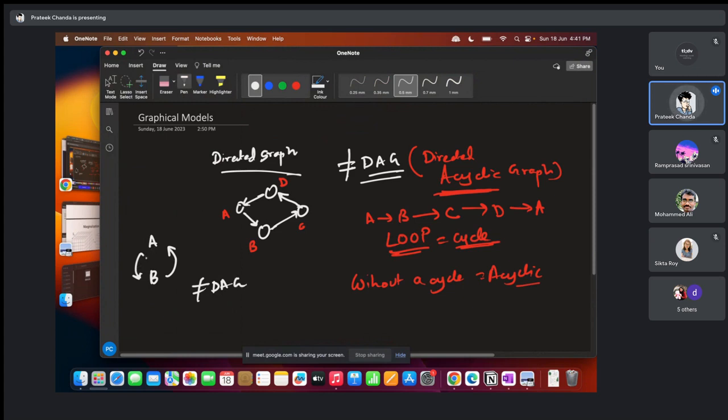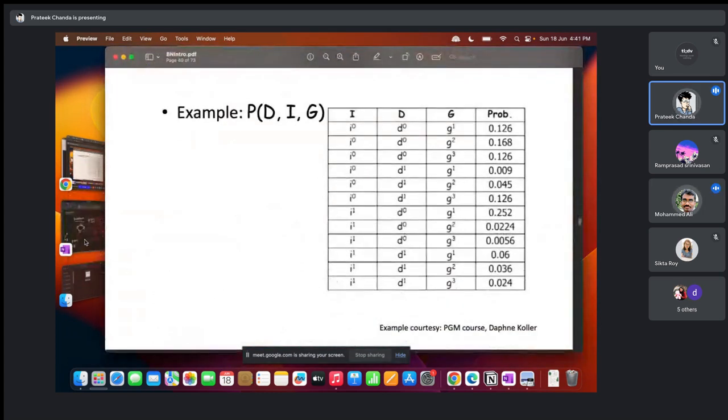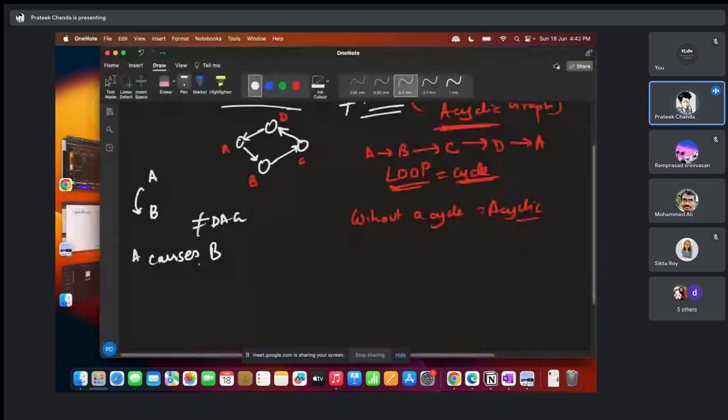The edges represent the conditional dependencies between the random variables A and B. So A causes B. If I go back to the flu and sinus example, A can be flu and B can be sinus.